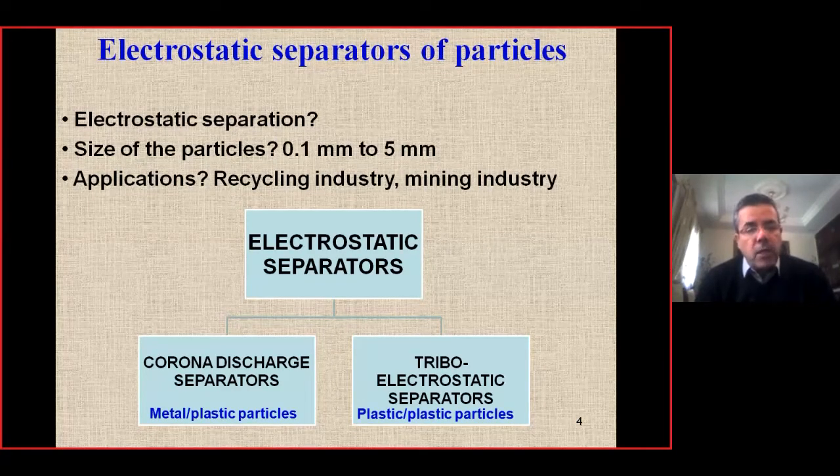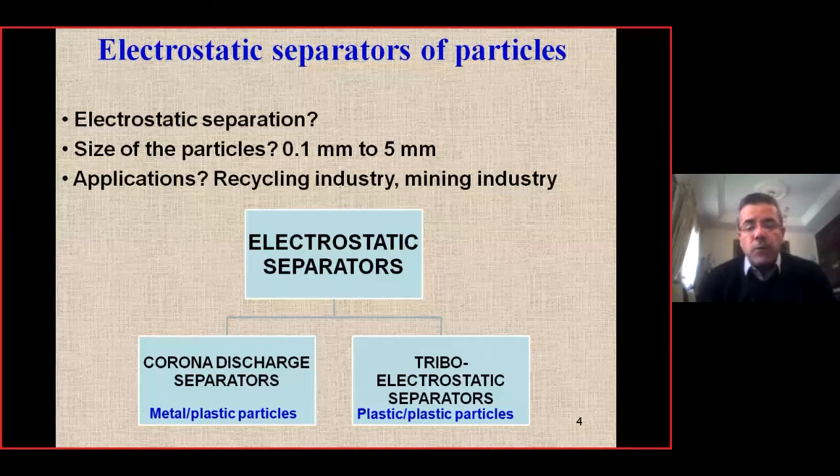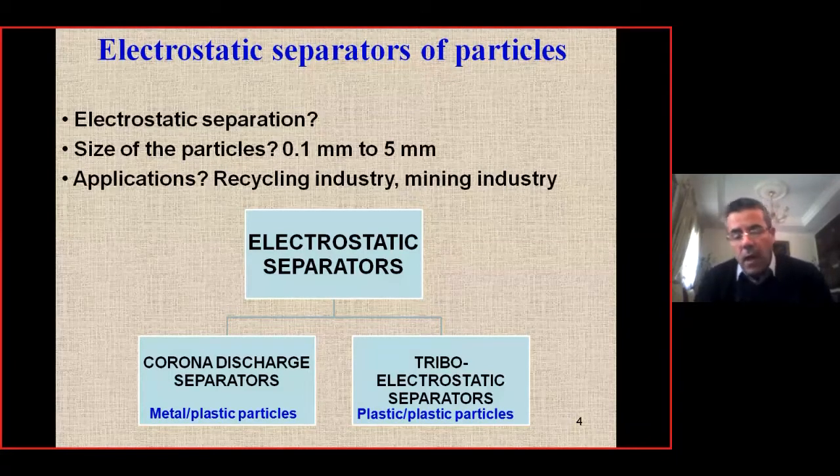This technique can be used in the recycling industry, for example to recover industrial waste, or in the mining industry. There are two types of electrostatic separator: a separator for separation of metal and plastic particles, and the other one, triboelectric separators, used to separate different plastic particles.